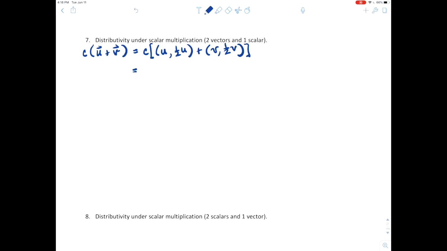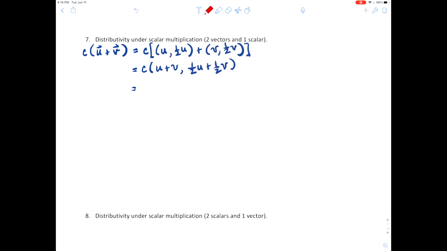So let's do it. This is going to be c times the one vector, which is u plus v, comma, 1/2 u plus 1/2 v. I'm not going to worry about the 1/2 because we're going to be separating the vectors again, so we won't need it yet. So now I have everything in terms of real numbers.